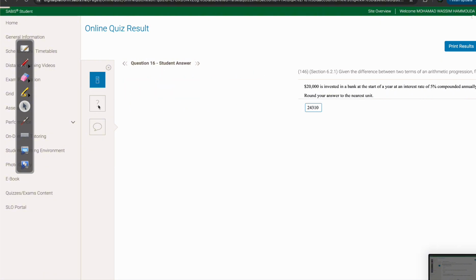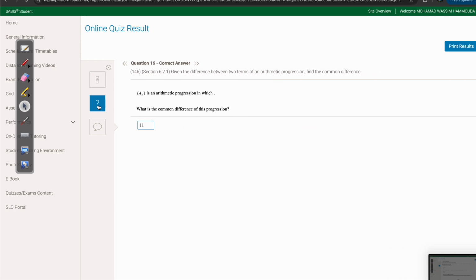Number 16. AN is an arithmetic progression in which a24 minus a8 is 176. So again, we're gonna just use a1 plus (n minus 1)d, which is 23d. We're trying to find a24 now, d.